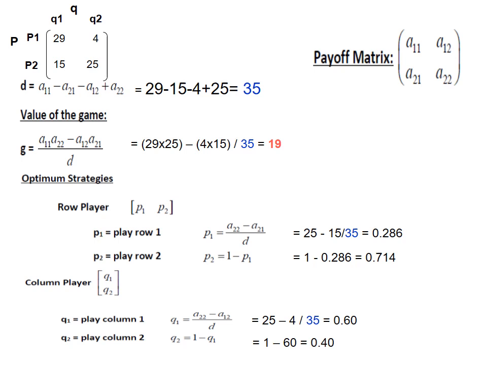Optimum strategy. For the row player, his strategy B1 and B2. B1 equals A22 minus A21 over D, 25 minus 15 over 35, equal 0.286.